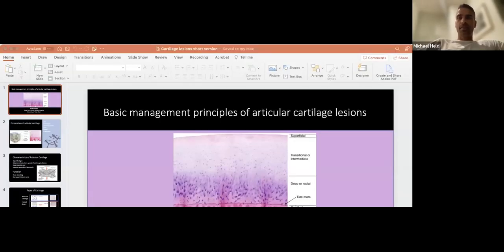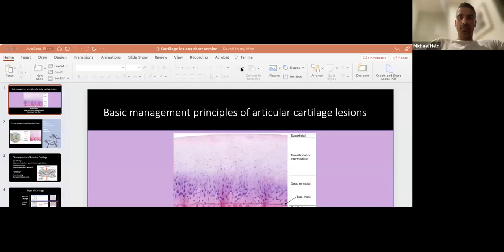The basics of cartilage and meniscus are nice to have as something to start with when you get asked a question or have to write an exam. It gives you a nice overview of things.